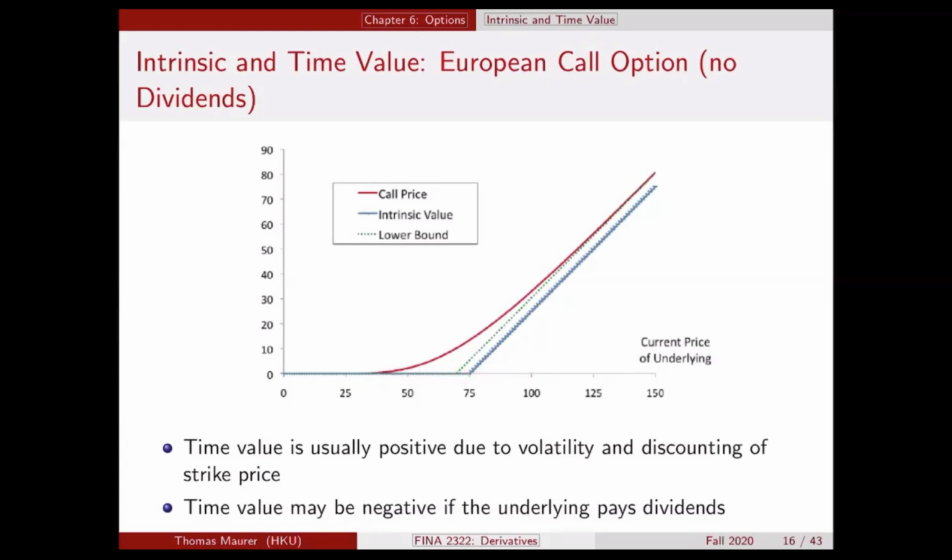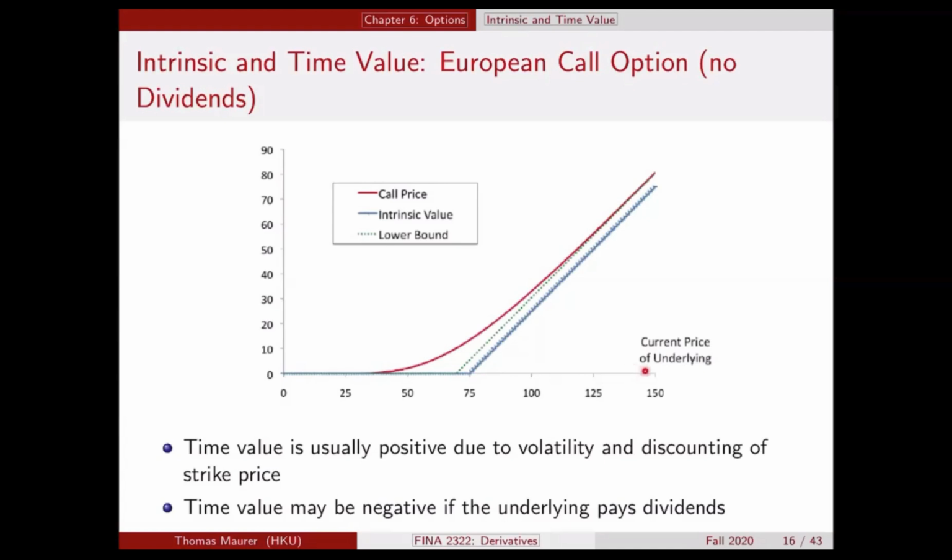And depending on what's going to happen in the future, I then want to decide whether I want to buy at 75 or not. If, however, the price of the underlying was very low, so very close to 0, then we know the price of the underlying is never going to end up above 75, and therefore we know for sure we're never going to exercise that option, and there is really not much value in waiting.